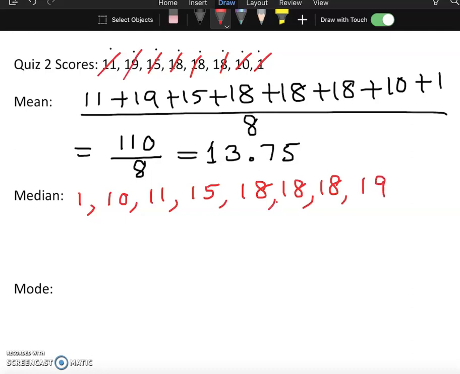So we always double check. Did you check those out? We have to include all of them. So I clearly have 1, 2, 3, 4, 5, 6, 7, 8. Very good. So I organized them.